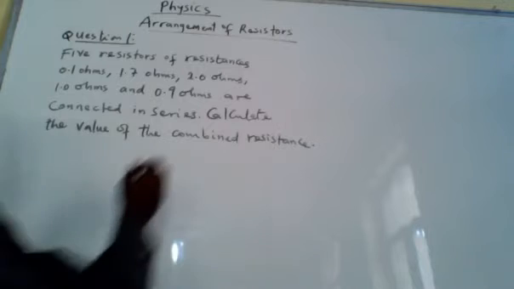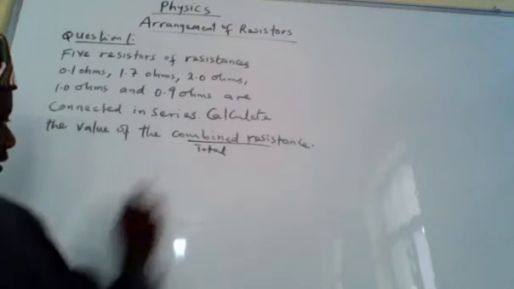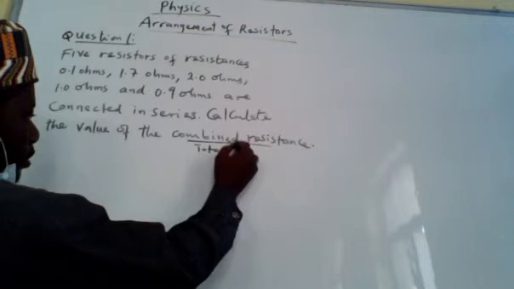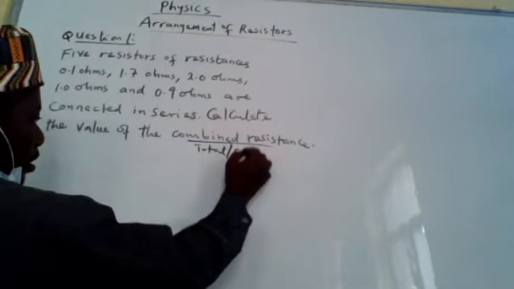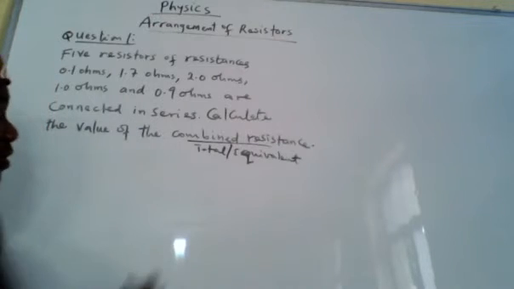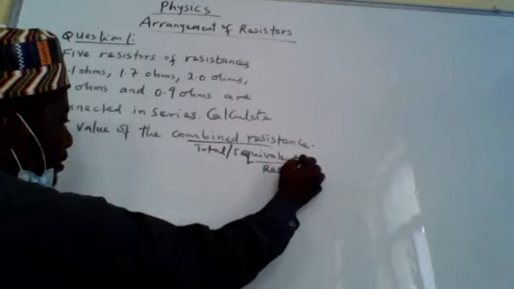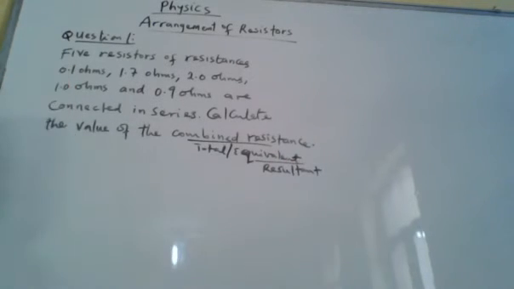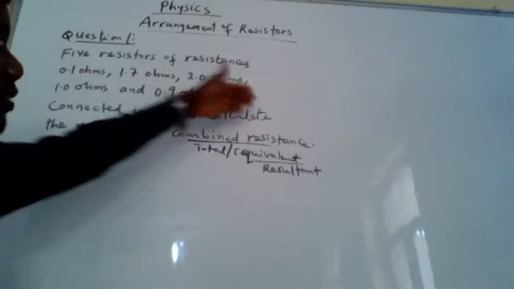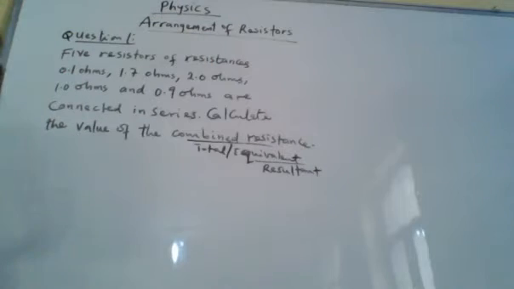This combined resistance is also what we call total resistance, or equivalent resistance, or resultant resistance. These are possible names they can give. They all mean the same thing.